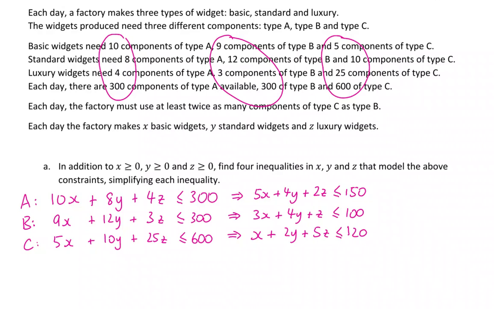The final inequality is going to come from this line here. Now it's one of those nasty ones. Each day the factory must use at least twice as many components of type C as type B. Okay? So in doing this, what I need is to think, right, the number of components I need for type C, well, for type C, I've got 5 components in each basic widget, 10 in each standard, 25 in each luxury.